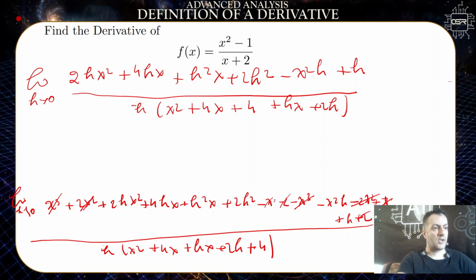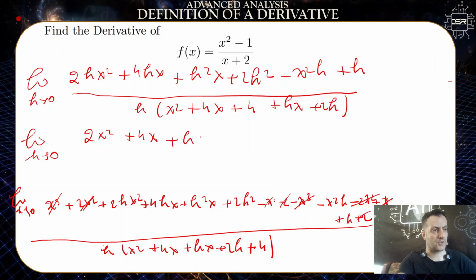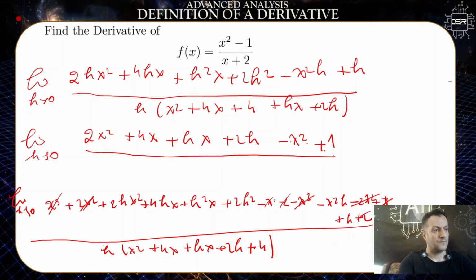Okay, h can be factored out, because you have h multiplying all the numerator and you have h here, so limit h approaching 0 of 2x squared plus 4x plus hx plus 2h minus x squared plus 1 divided by x squared plus 4x plus 4 plus hx plus 2h.